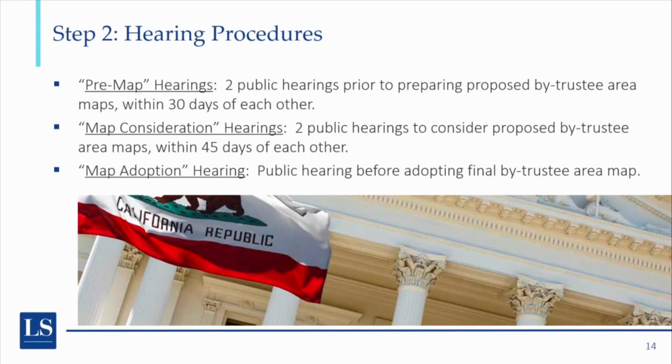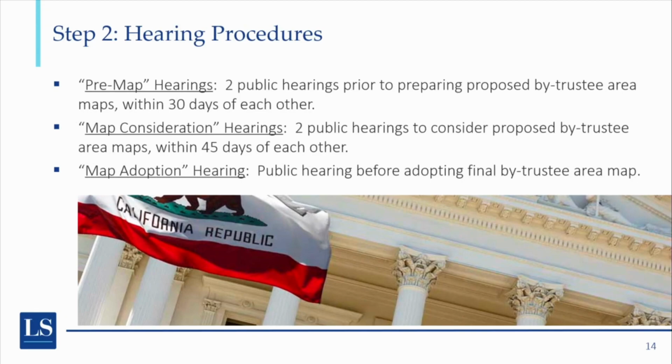They'll talk a lot about things like communities of interest and compactness and other parameters on how you draw the maps. And you'll hold a public hearing where you'll get input from your community about what those maps should look like. What are our communities of interest? What do we want to preserve? Where do we want the lines drawn, and for what reason? You'll have the first one. You'll have another pre-map hearing within 30 days of the first.